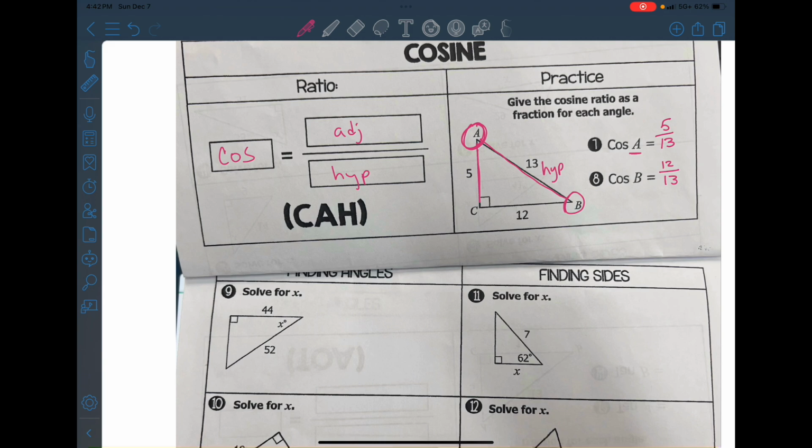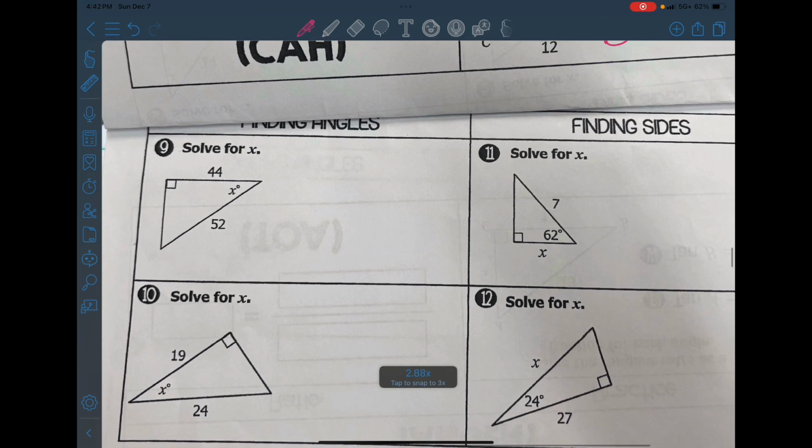So now that we know how to use our second sine, cosine, tangent buttons, we're looking for arc cosine or the inverse cosine, looking for our angle. We're just going to go to number 9 now. And we know, hey, we're looking for a degree, so we're going to use our second button. What sides do we have? Well, we know this is our hypotenuse. And so 44 is touching angle X, so it has to be our adjacent. So that tells me I have to use cosine.